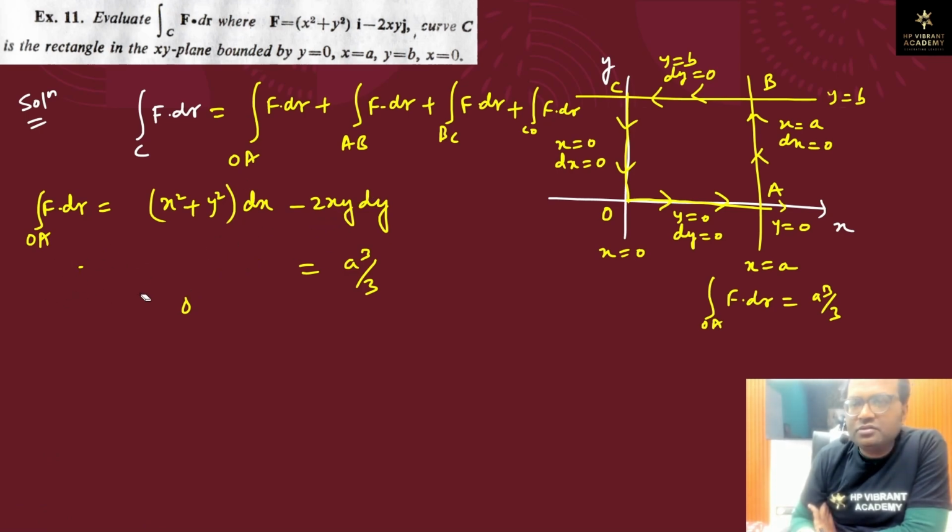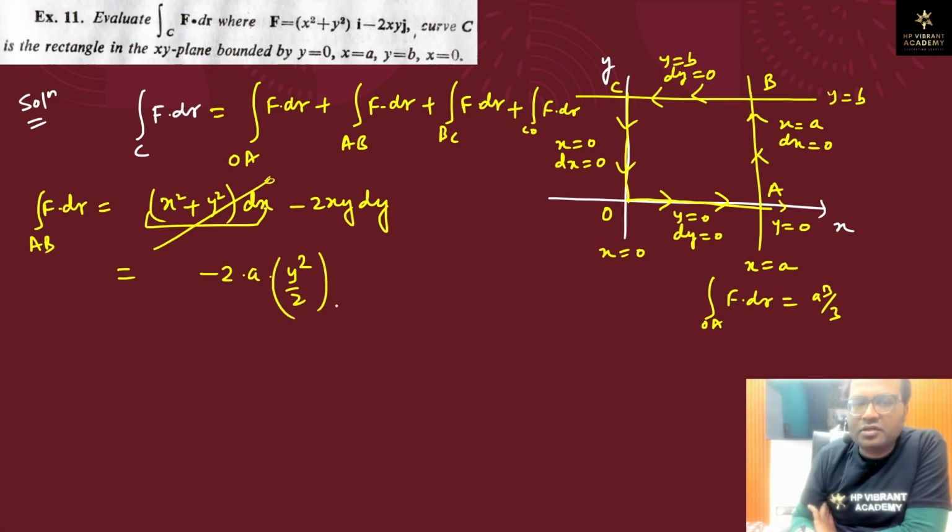Now let us find f dot dr along AB. Along AB we have dx is equal to 0, so this whole term gets cancelled. Now we have dy, where y varies from 0 to b, and x is a here. So we have minus 2 into a into y square upon 2, with y limit 0 to b.